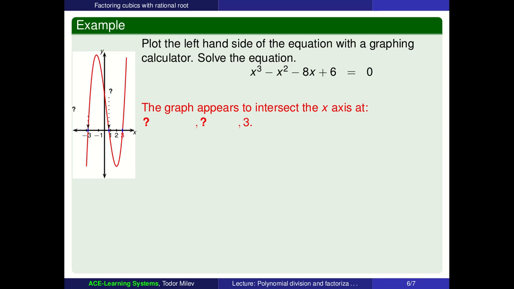Sure, I see the number 3. I see that the graph of the function intersects the x-axis at the number 3. I can see that one. But the other two, I really can't figure them out from the picture. I see that this number here is close to -3, but not exactly equal to -3, and I see that that number there is close to 1, but not exactly equal to 1.